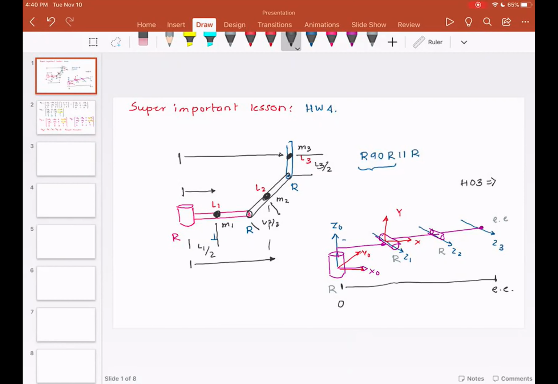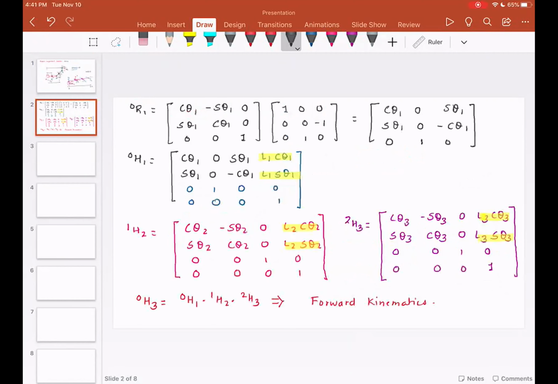I'm interested in the distances of m1, m2, and m3. So now, how would I make changes in these equations so that the distances would be with respect to m1, m2, and m3.